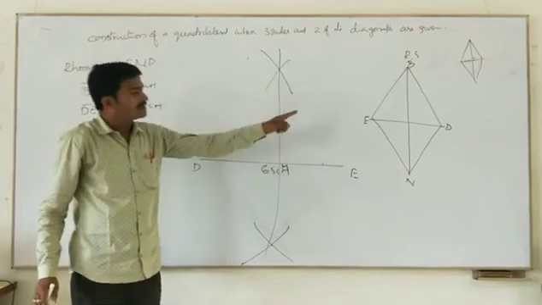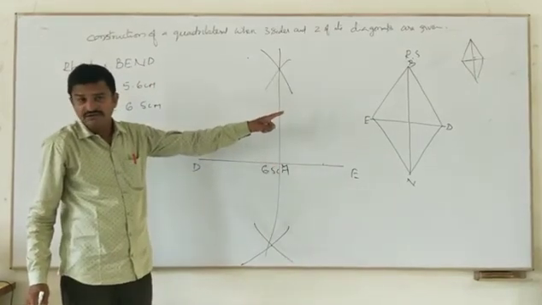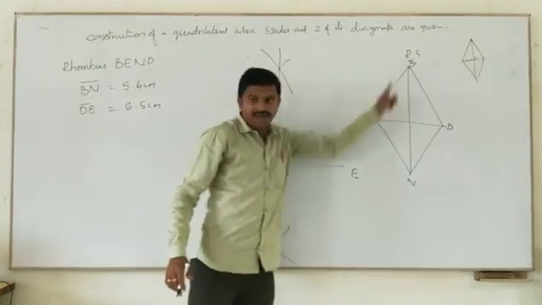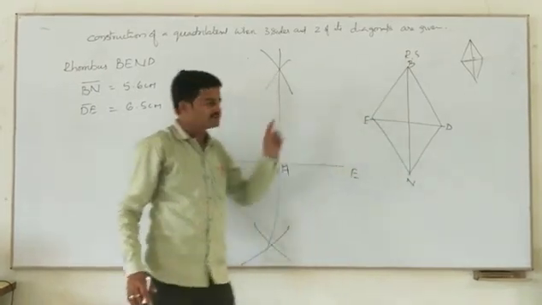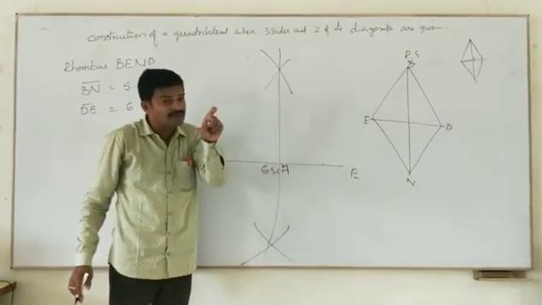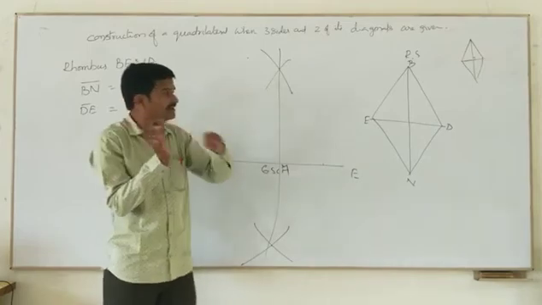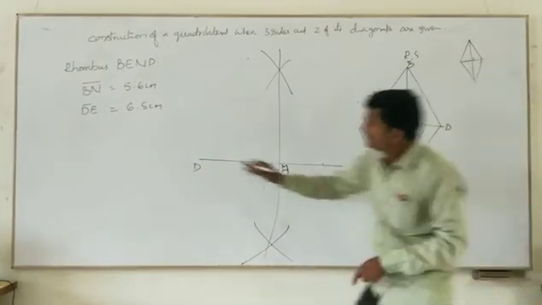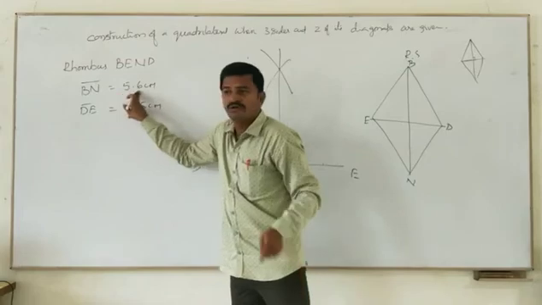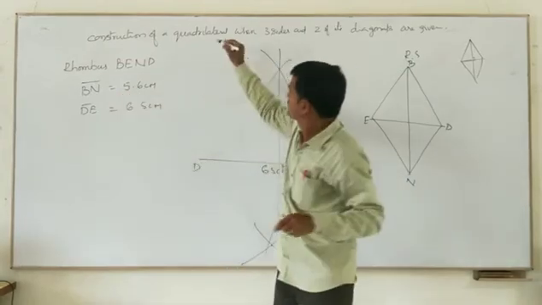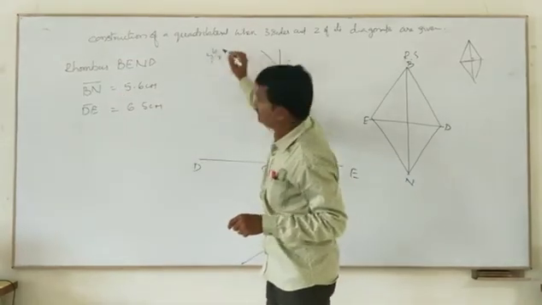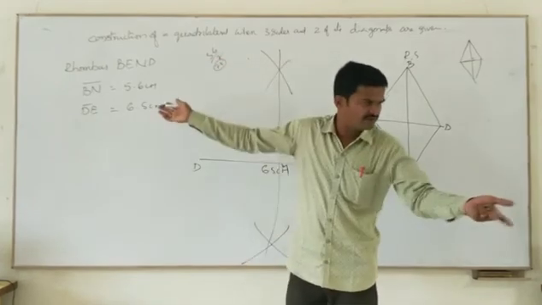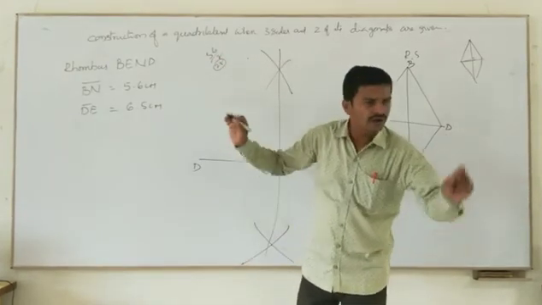Now, what are the two more vertices we need? ED is already there. BN. As I told you, the diagonals of a rhombus bisect each other, so this length and this length will be equal. What is the total length given? BN is 5.6. What is half of 5.6? 5.6 by 2 is 2.8.